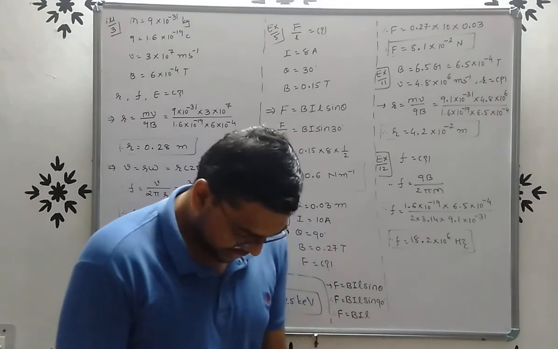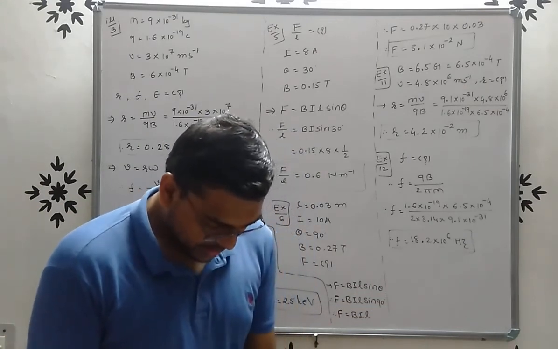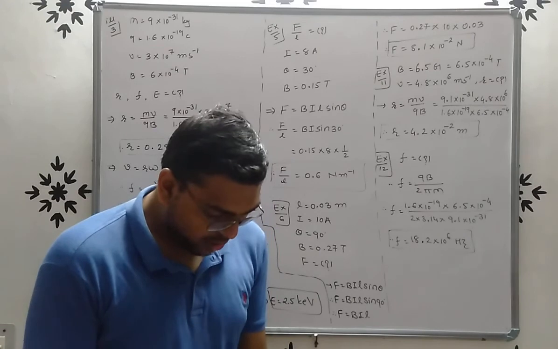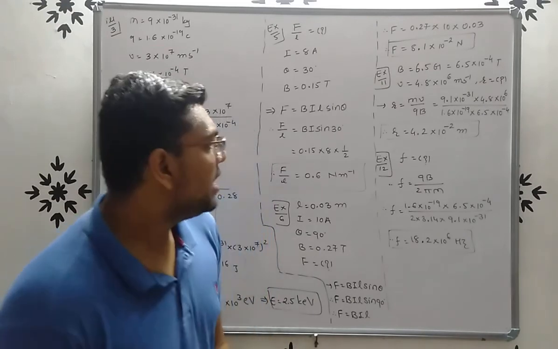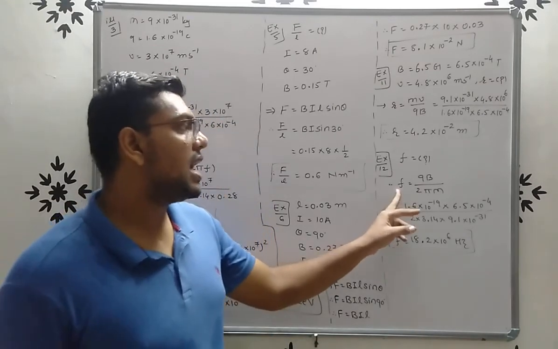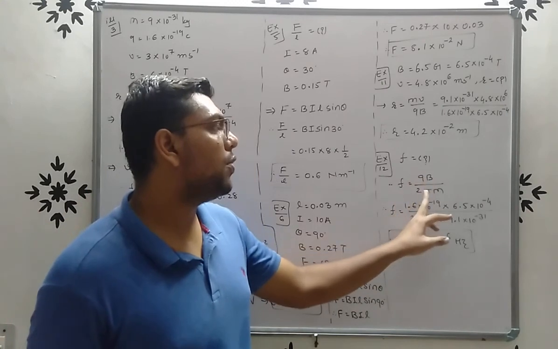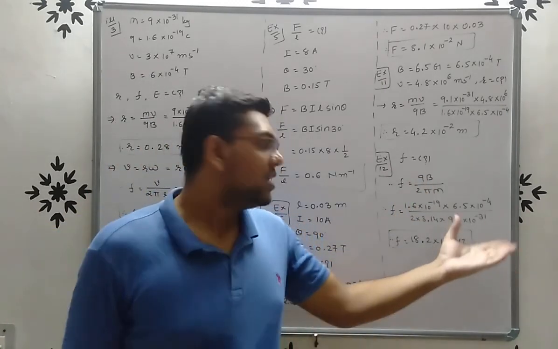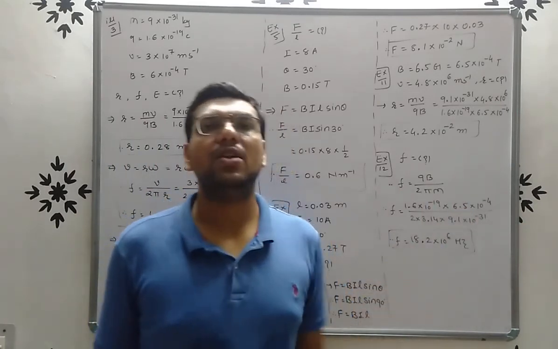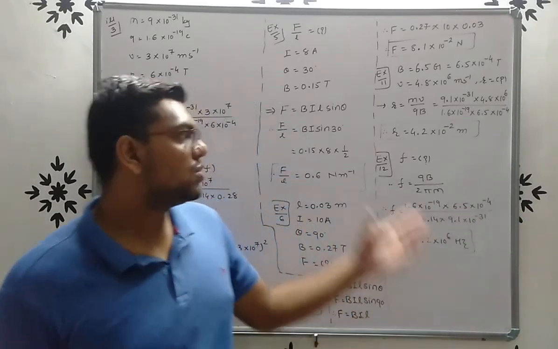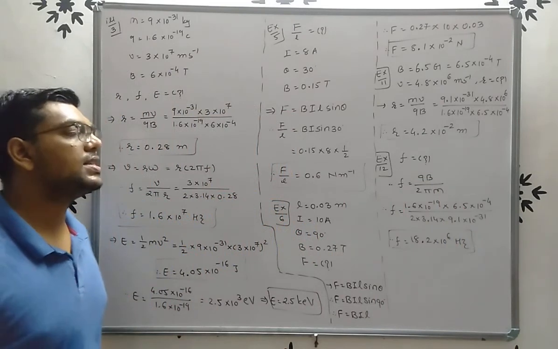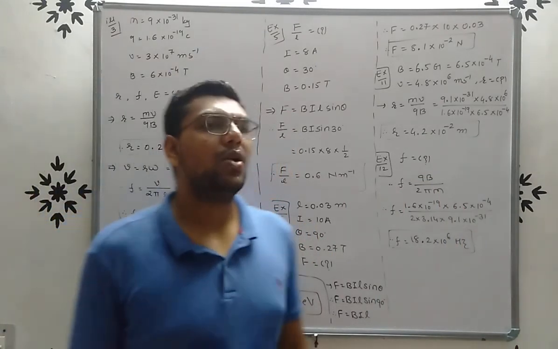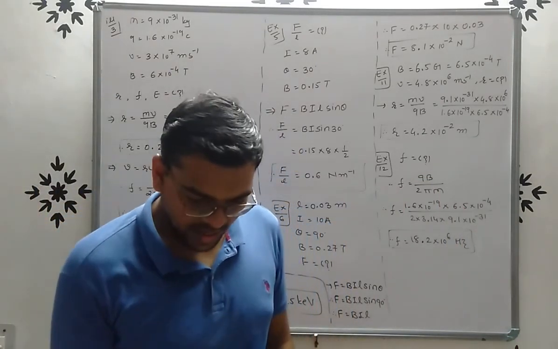Now, see, does the answer depend on the speed of the electron? Here, see the formula of frequency. f is equal to qB upon 2 pi m. So in this formula, there is no speed, or we can say velocity. So we can say that frequency does not depend on the speed, right?